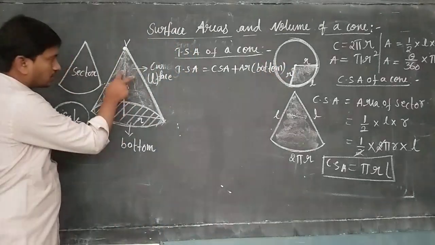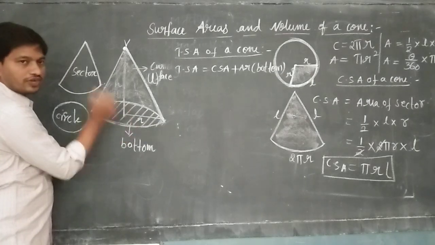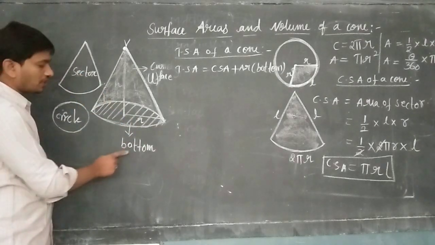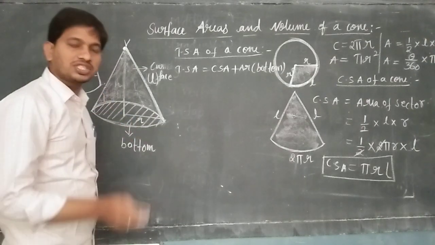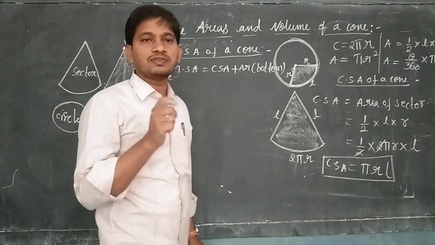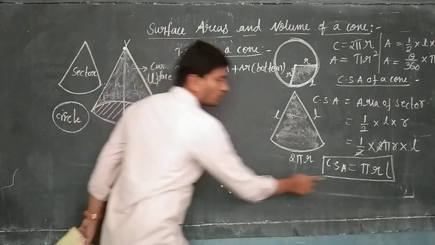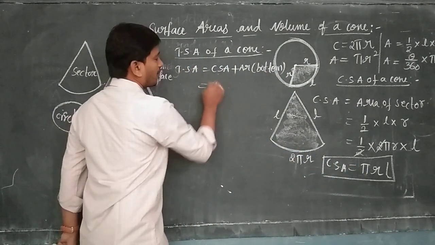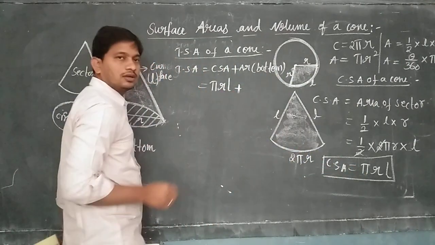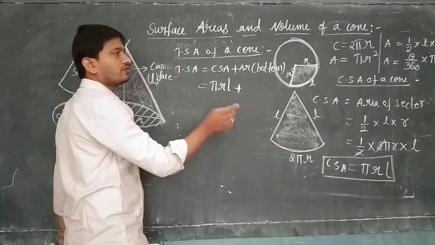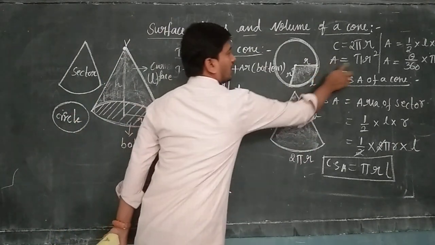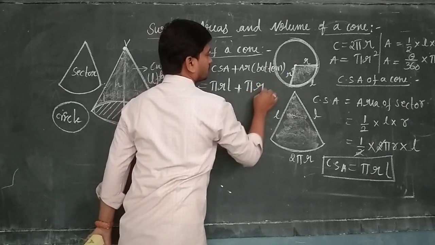The bottom face is in the shape of a circle, and we know that the area of a circle is pi r square. So as we got, the CSA of the cone is pi r l, plus the area of the bottom, which is pi r square.